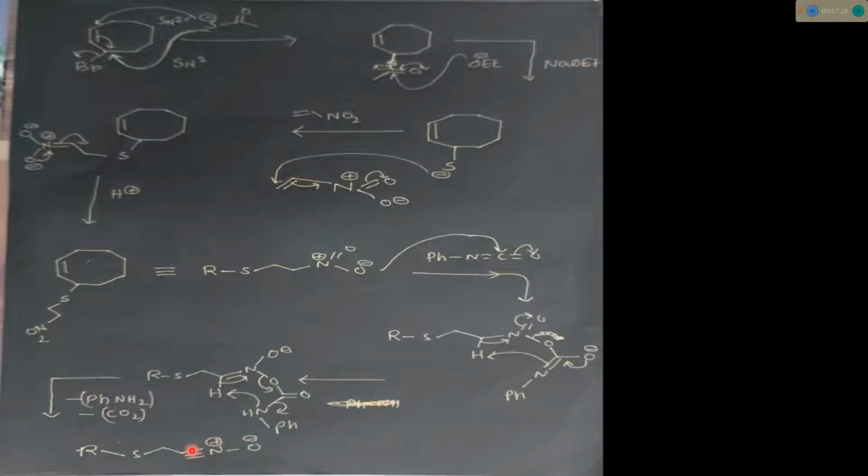If we break one of these bonds, then there will be a positive charge on this carbon, nitrogen becomes neutral, and O minus stays the same. So a 1,3 dipole is a perfect substrate for cycloaddition reactions if any alkene or alkyne group is present.